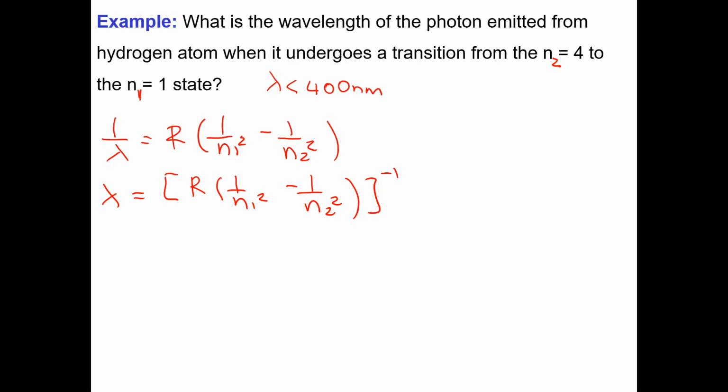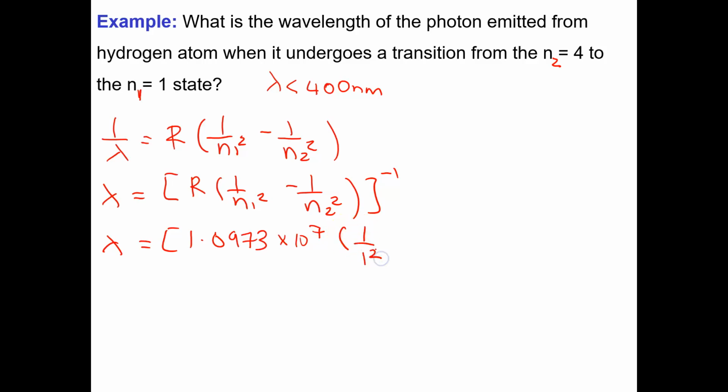So now we're ready to put our numbers in. We need to find the value of the Rydberg constant in the information that's given to us. And that is 1.0973 times 10 to the 7.